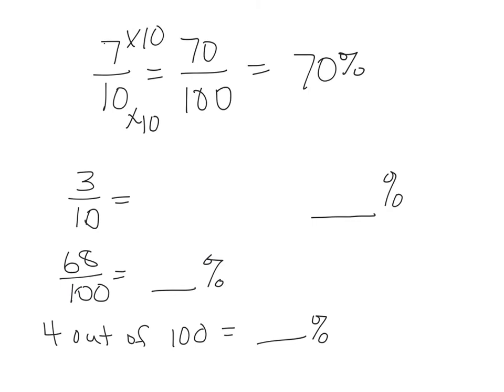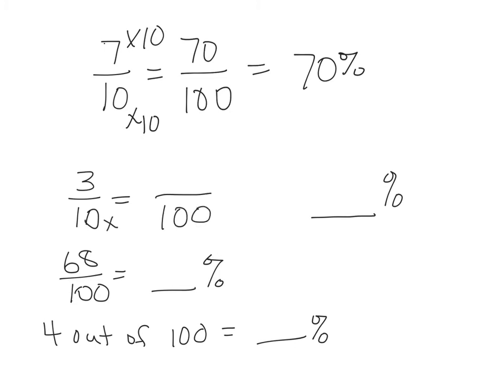Pause the video while you try to do these three. Make 3/10 be a percent, make 68 hundredths be a percent, and make 4 out of 100 be a percent. Okay, on the first one, since it's 3 out of 10 and percent means per 100, I need to get a denominator of 100.